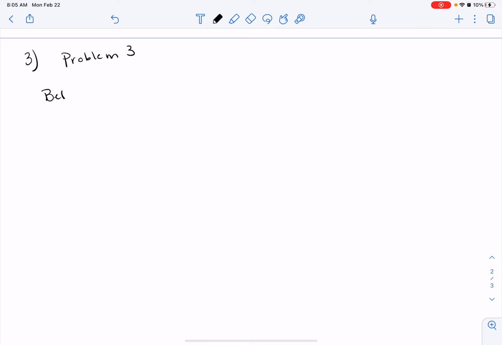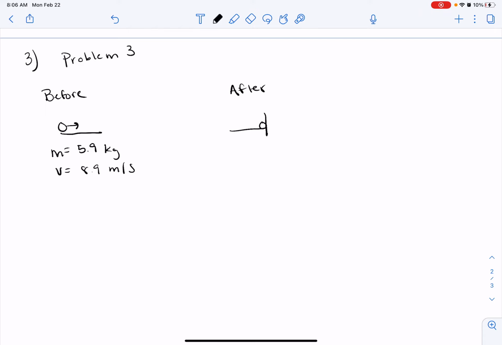So this is problem 3, and we have our before and our after. Before we have a bowling ball traveling, and then after it stops. The mass of our bowling ball is 5.9 kilograms, and our starting velocity is 8.9 meters per second. After the collision, the bowling ball still has a mass of 5.9 kilograms, and since it stopped, its velocity is 0.